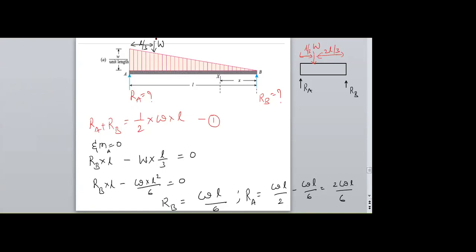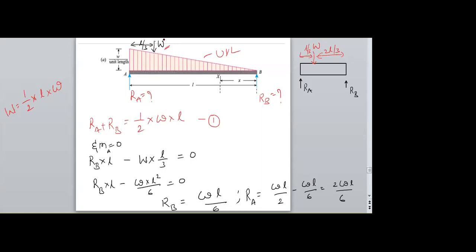So I need to convert this UDL, that is uniformly varying load, into a point load of W. So it looks like a triangle. The area of the triangle is half, base is L, and height is small w. That is the capital W value, that is the point load.